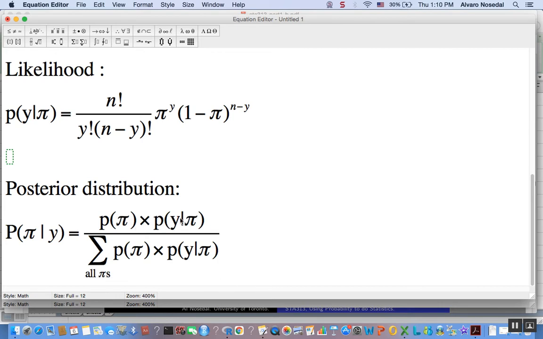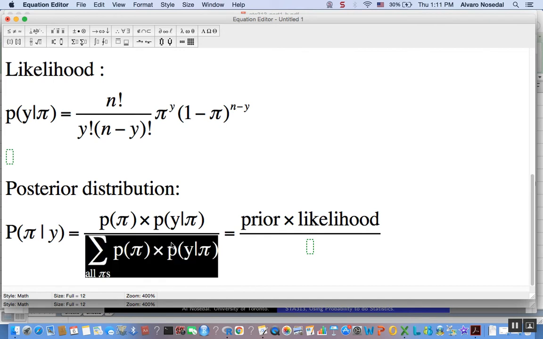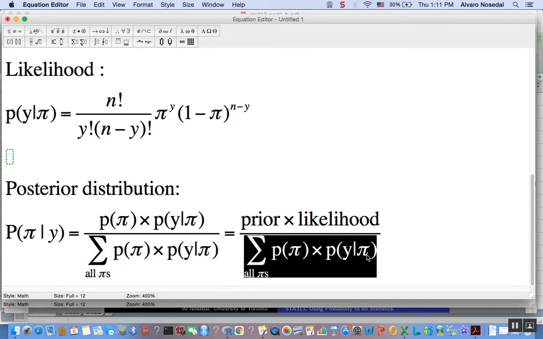This is just the product between prior times likelihood. And well, let me just copy this denominator here.